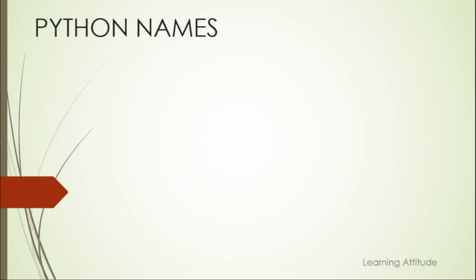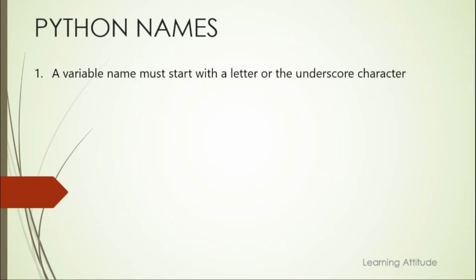So let's move to the next slide. Python variable names. A variable name must start with a letter or the underscore character. So these are some basic rules to declare the variable name. A variable name cannot start with a number, meaning you cannot start the variable name with any number like 2, 3, 4.